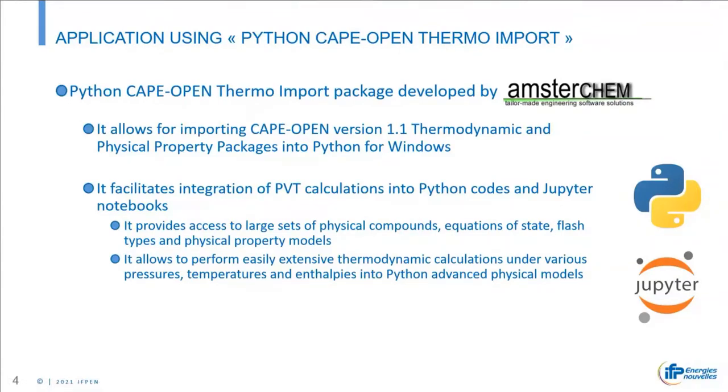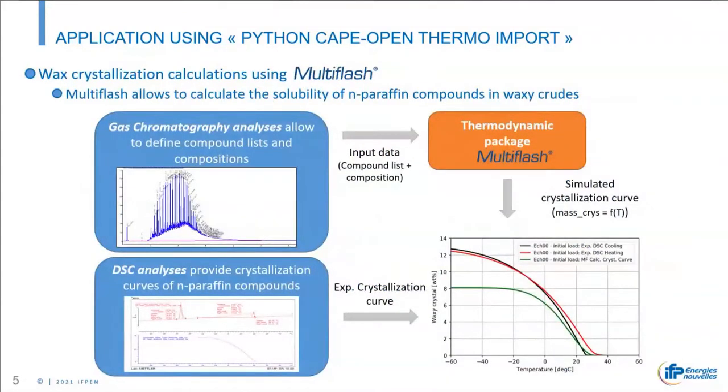So next slide. Yes, so one application we did for a client is to study wax crystallization calculation using Multiflash. And Multiflash has the ability to calculate the solubility of n-paraffin compounds in waxy crude oils.